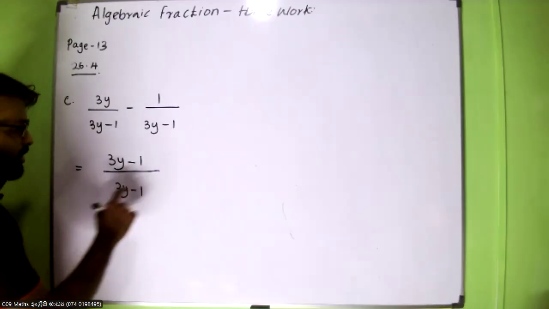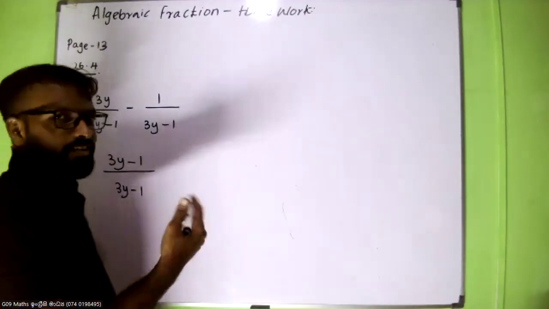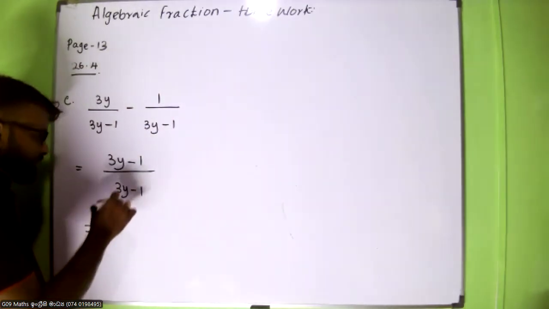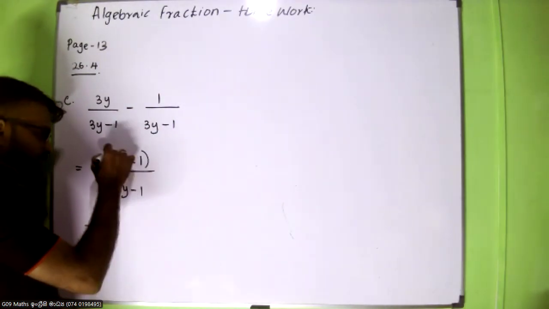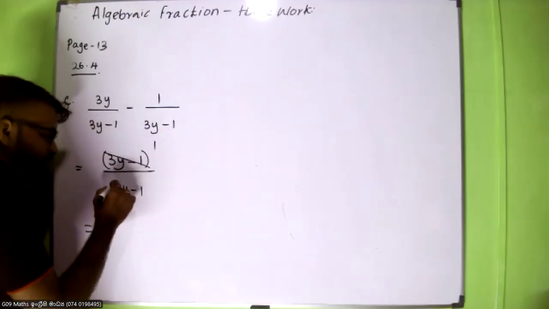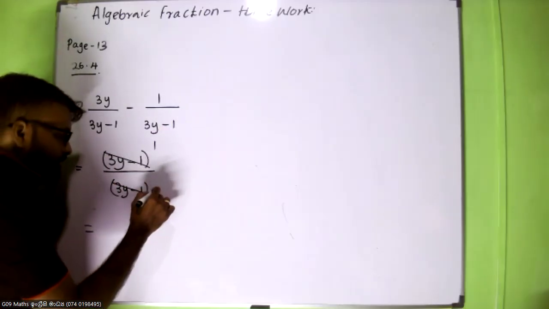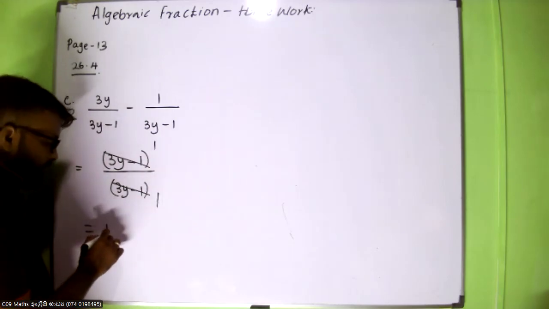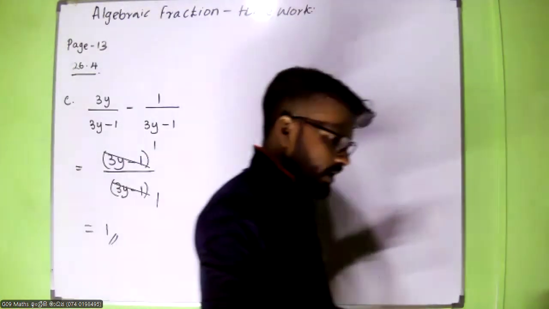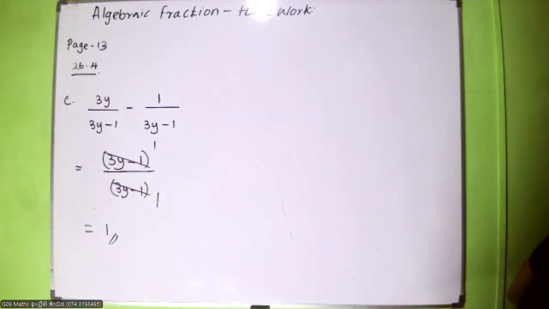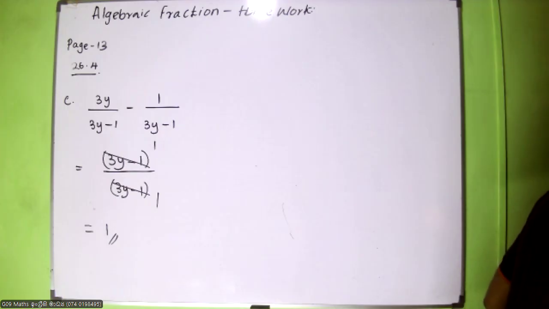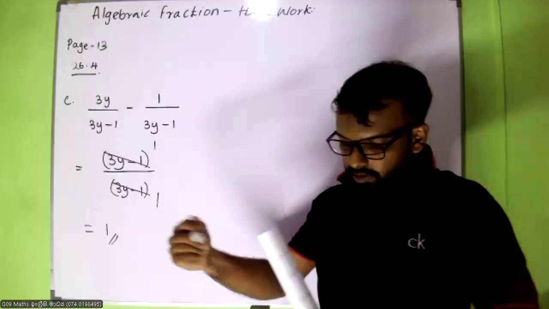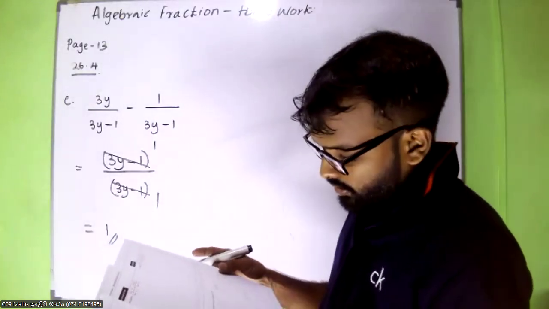Same term divided by same term. 3y minus 1 divided by the same term, 1. 1 divided by 1, 1. Right, yes. That is part C. Part D.